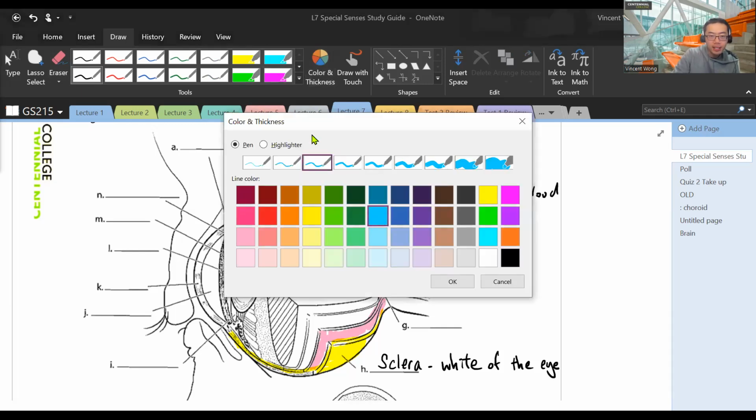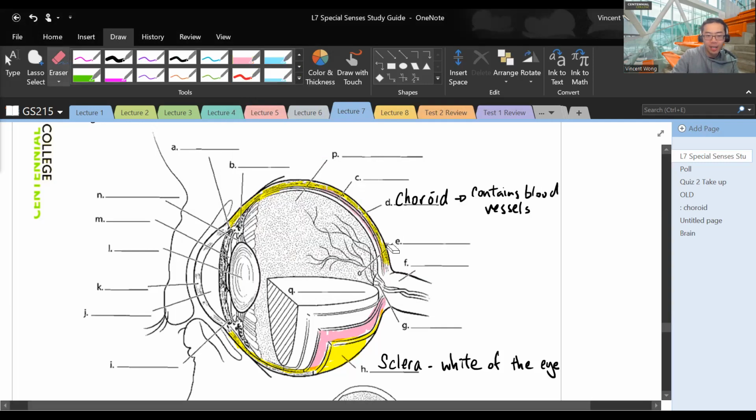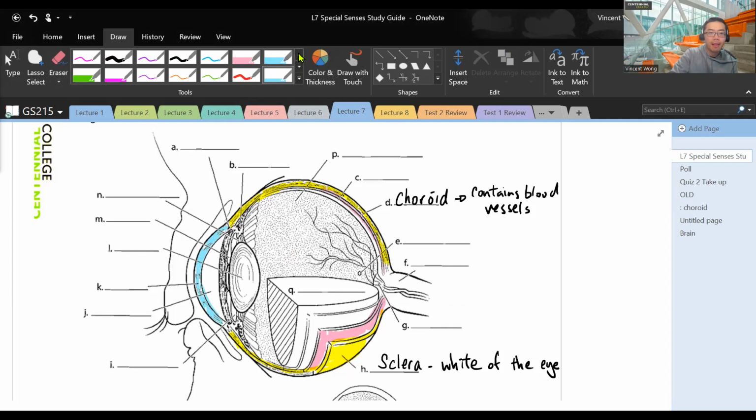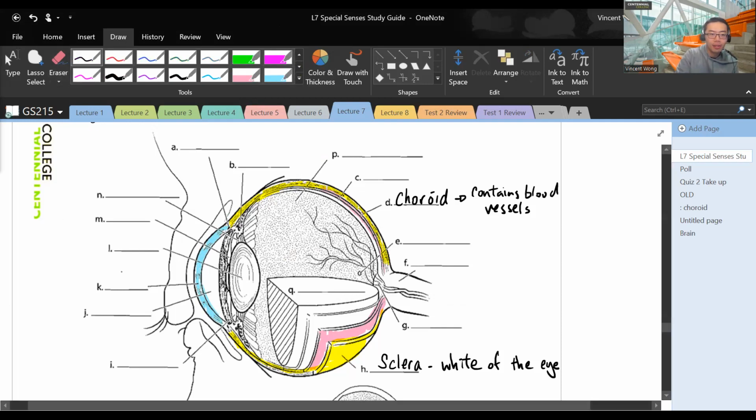At the front of the eye, the sclera becomes transparent, and it forms this convex structure. Convex means it bulges out. And that is the cornea.